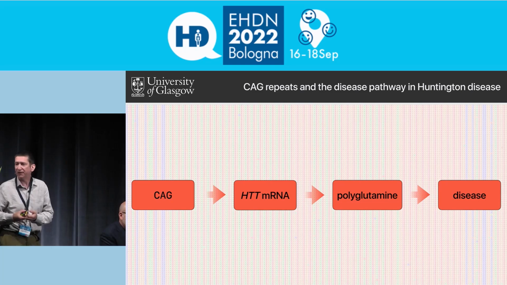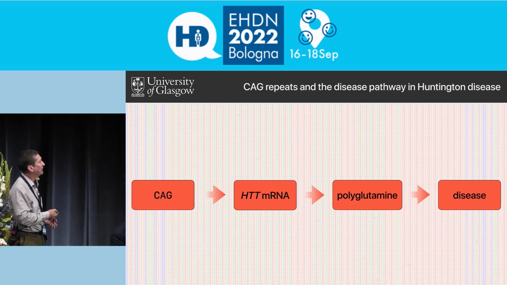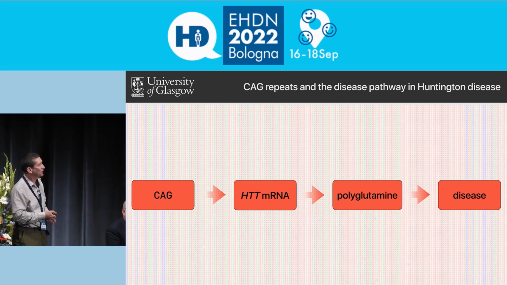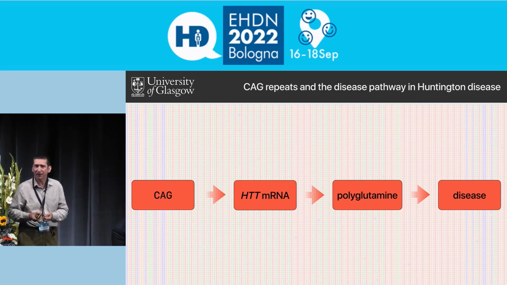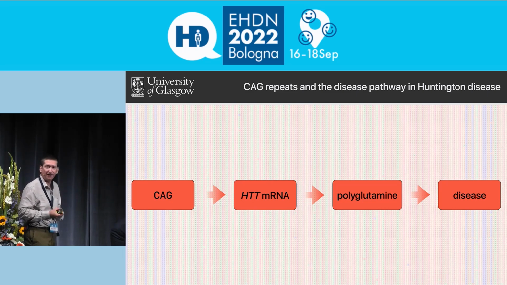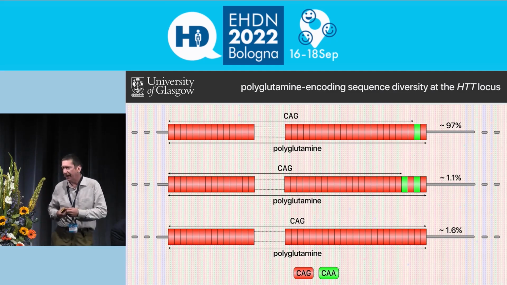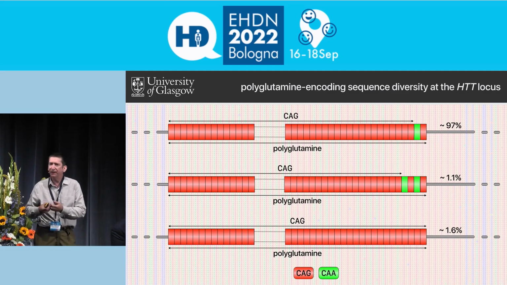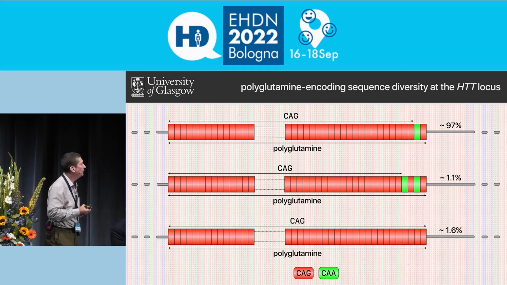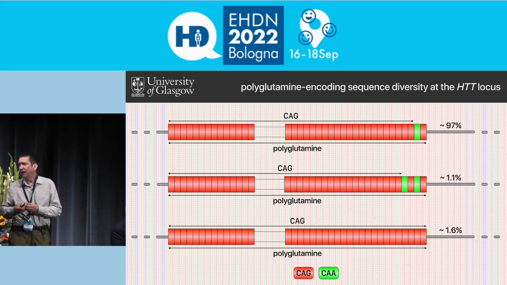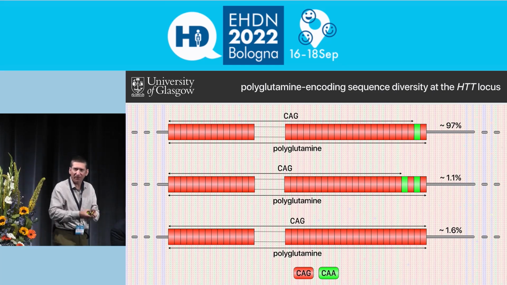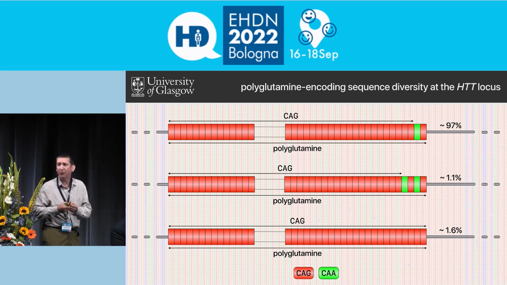What I'm going to illustrate today is that we shouldn't just be thinking about the CAG, and it's not just the glutamine, that there might be other components to the HTT repeat and gene that may also be important. So again, this is data that we've already revealed. A number of groups showed a few years ago that it wasn't as simple as the number of glutamine residues that were encoded in the protein.